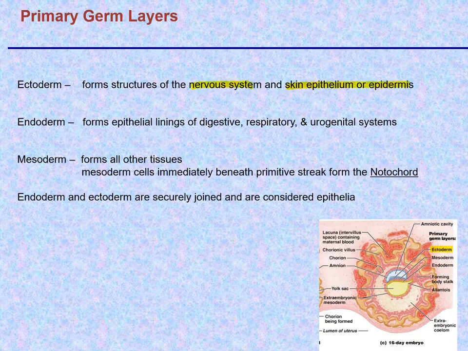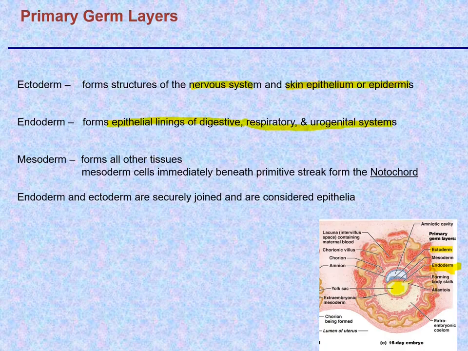The endoderm, which is in contact with the area called the yolk sac, will go on to form the mucous epithelial linings of the digestive, respiratory, and urogenital systems. So these are internal surfaces.